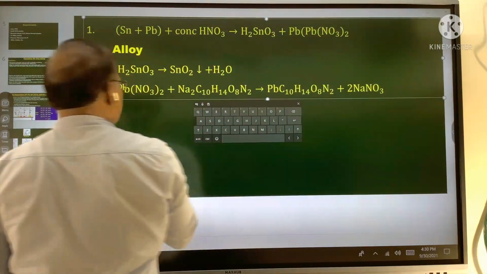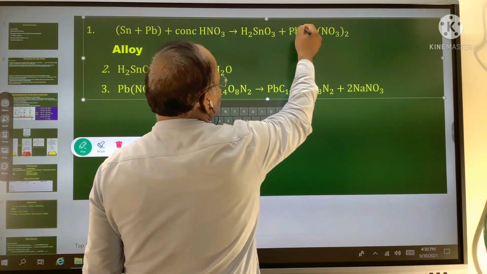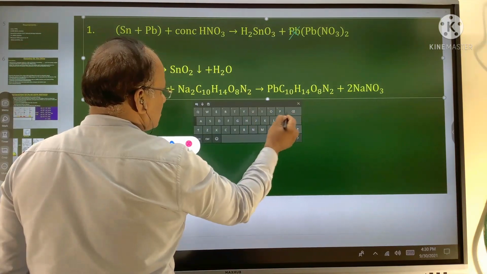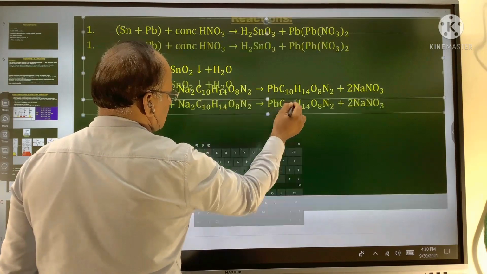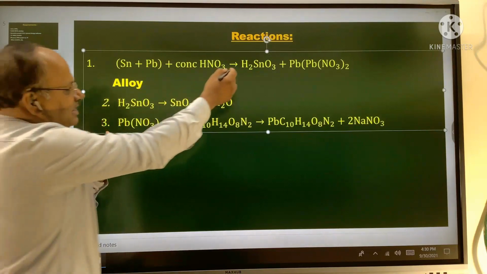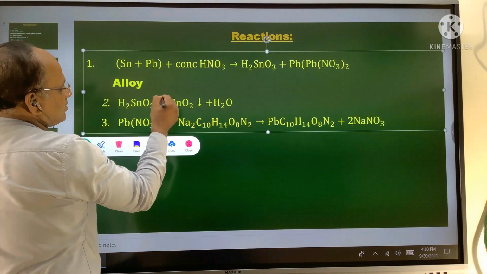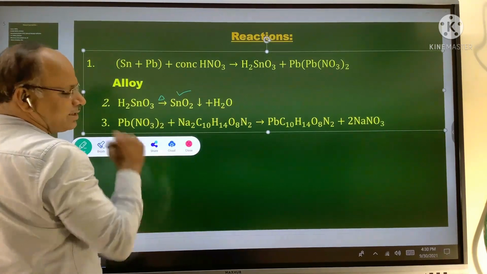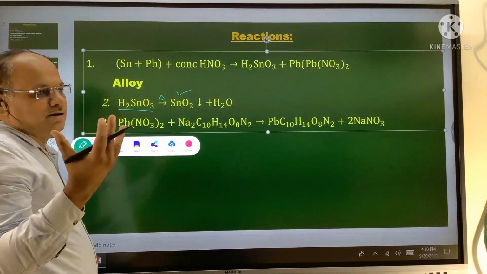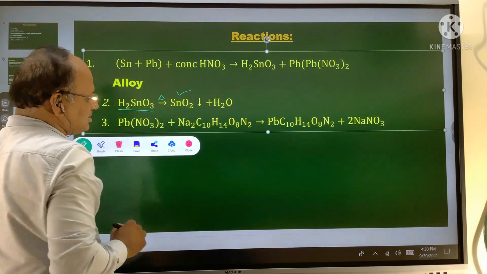The metastannic acid, when heated, forms tin oxide. You will get the tin as a precipitate on the filter paper. You dry it and heat it, then you will get the tin oxide.